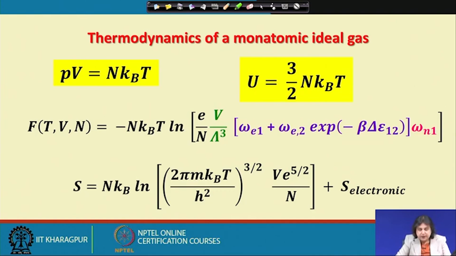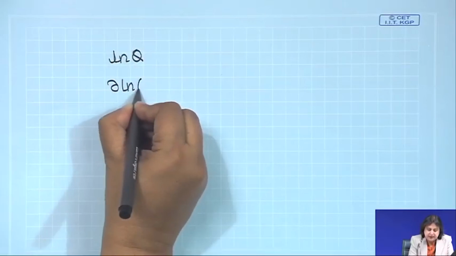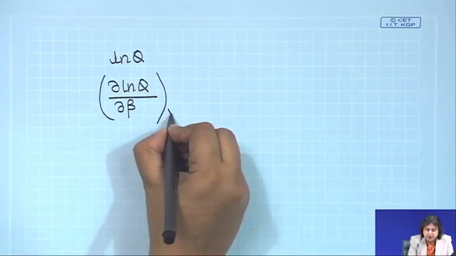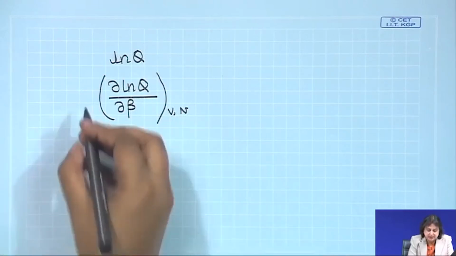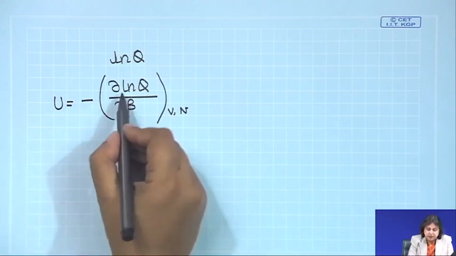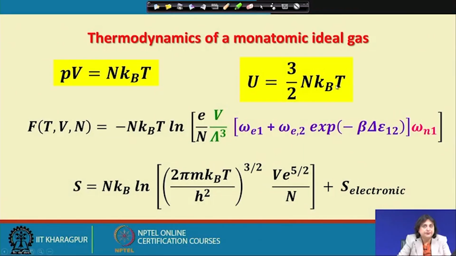The easiest way probably would be to write down ln Q and then take ∂ln Q/∂β, keeping the volume and the number of particles constant. Take a negative sign of this, and this is nothing but U. Since you know the functional form of ln Q in terms of β, you can carry out this differentiation. This is a simple mathematical task, and if you do that, you will be able to show that U is equal to 3/2 NkT.